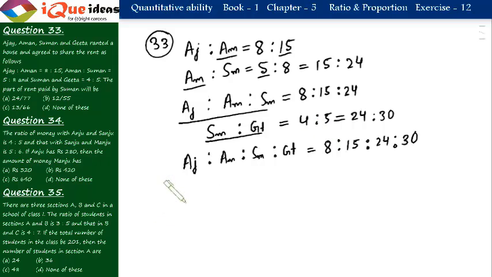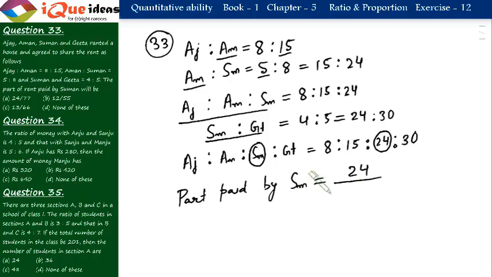Now the part of the rent paid by Suman, Suman is the third value here, that is 24. So the fraction paid by Suman, which is what the question is asking, is equal to 24 divided by the total sum of 8 plus 15 plus 24 plus 30. So add all of them. 8 plus 15 is 23, plus 24 is 47, plus 30 is 77. So it is 24 upon 77.